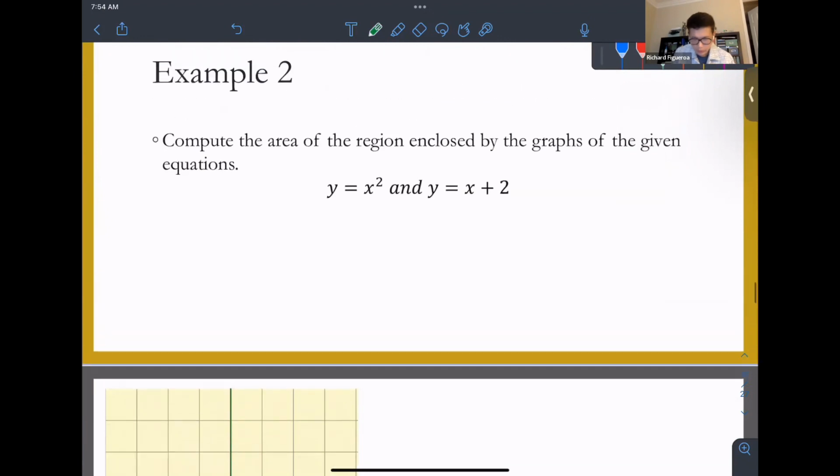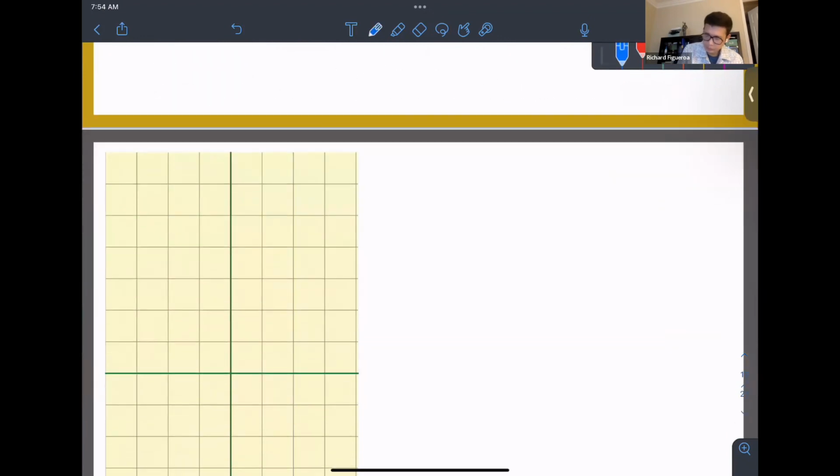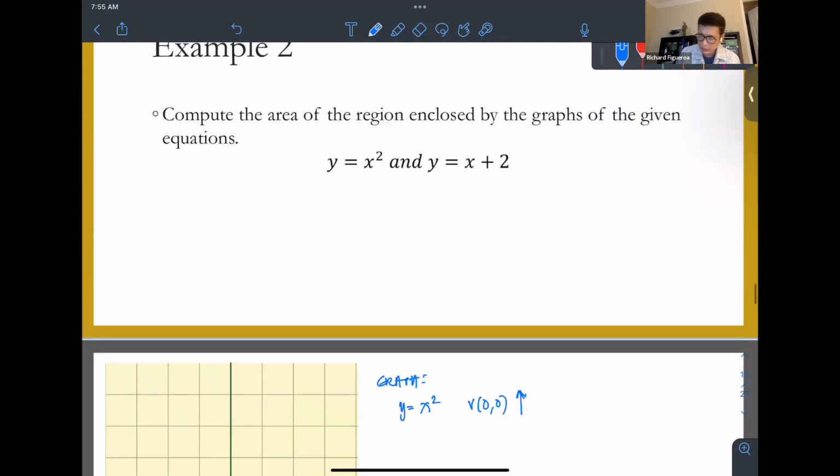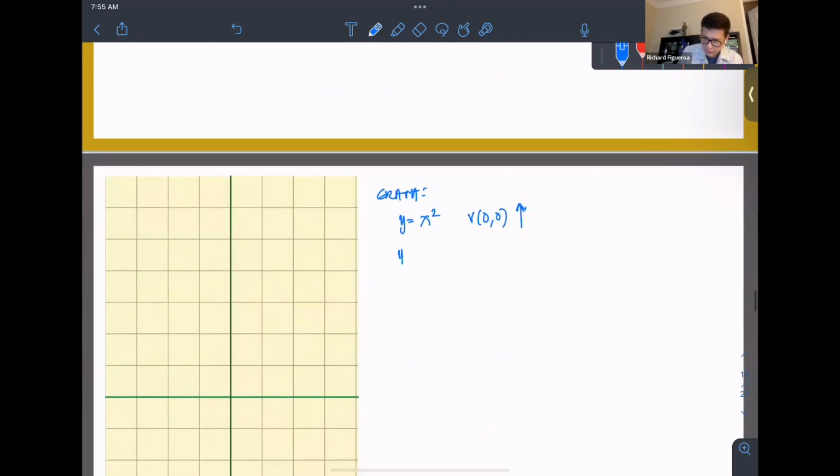It has a vertex of (0, 0), and it is opening upward. And next is the line y equals x plus 2.